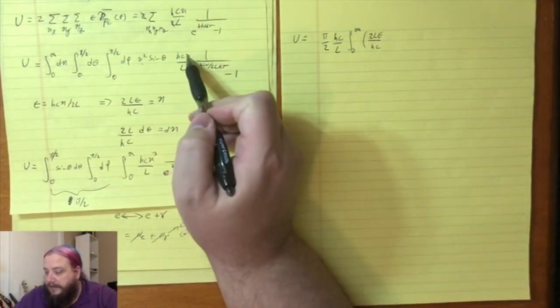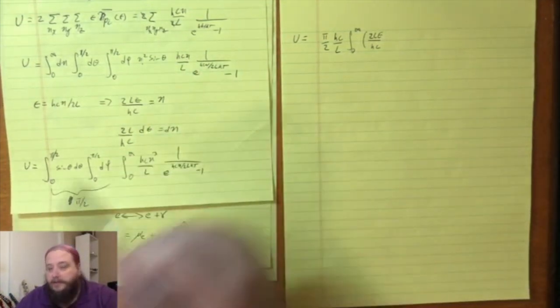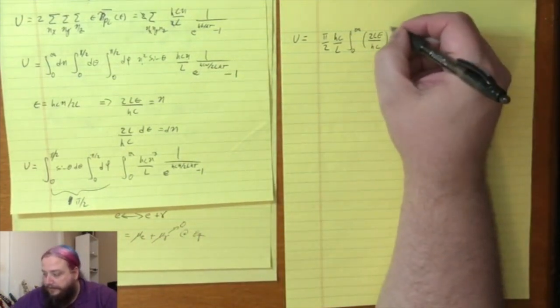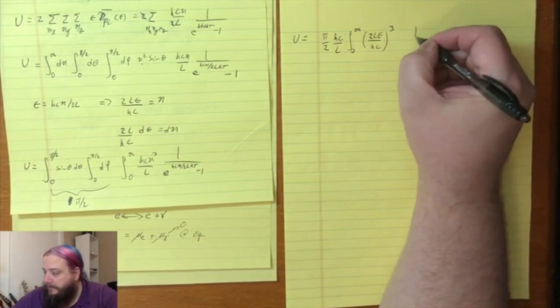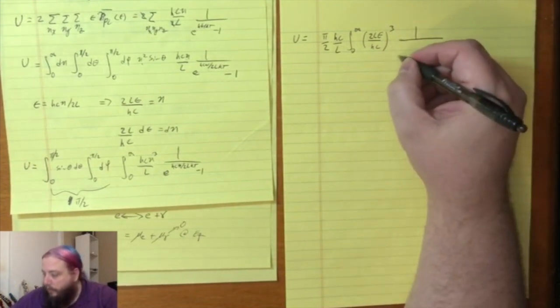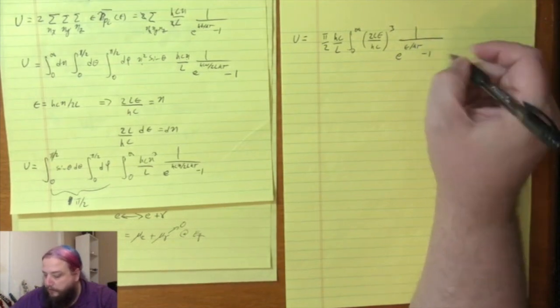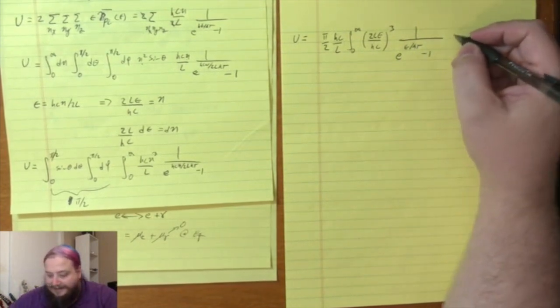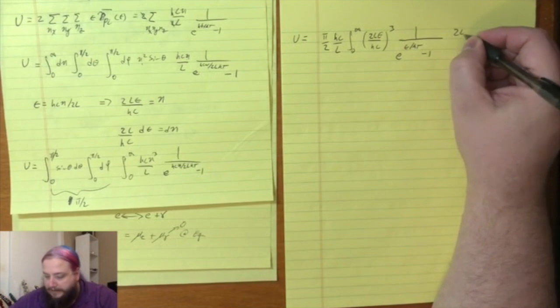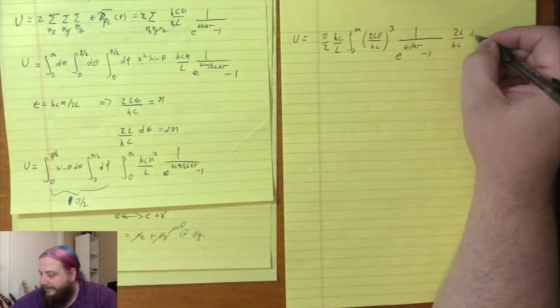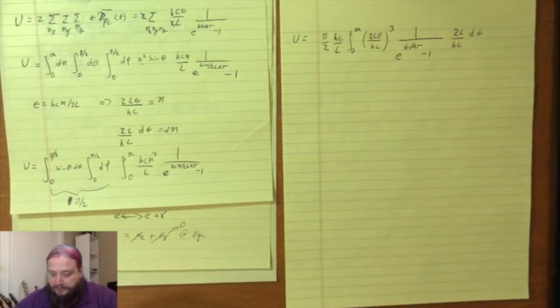You had the n here and the n squared there, so that gives us an n cubed. And 1 over e to the mode energy over kT minus 1. And our dN turns into a 2L over hc d energy.